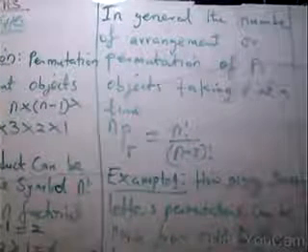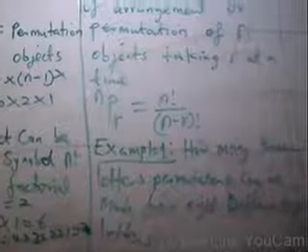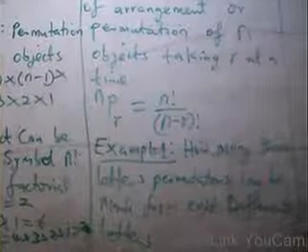So the question says how many 3 letter permutations can be made from 8 different objects. That means from 8 objects you want to take 3. From 8 objects you want to take 3. And the meaning is what? 8 permutation 3. As simple as that.